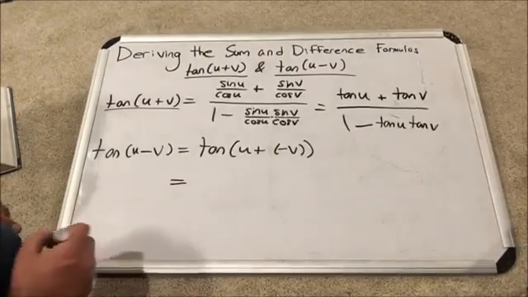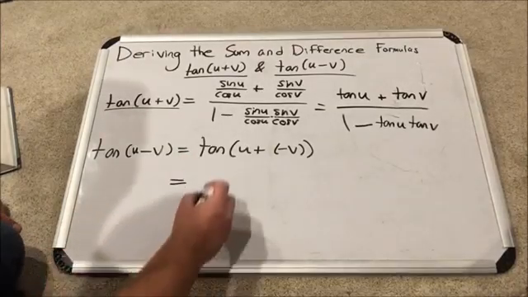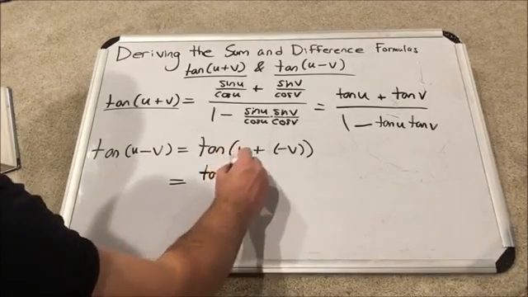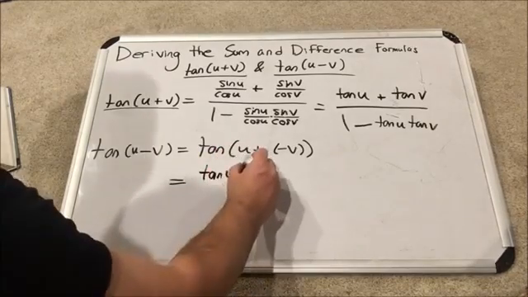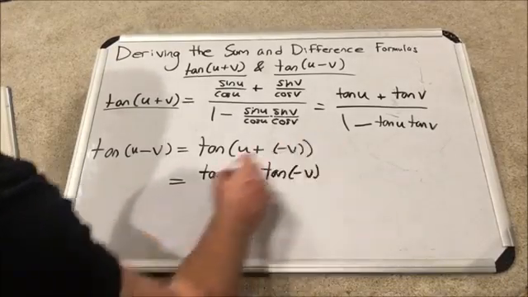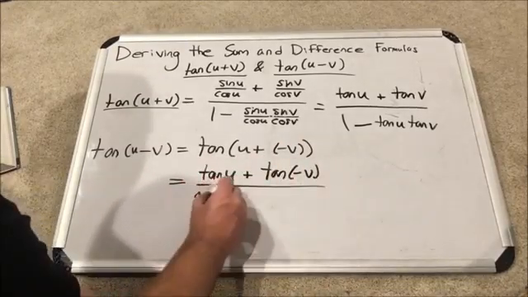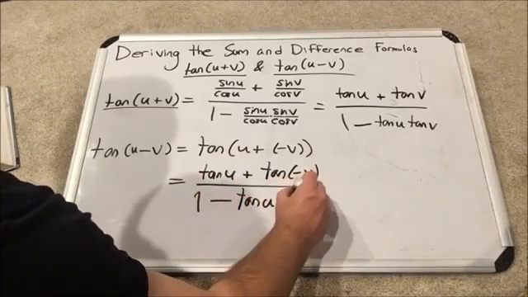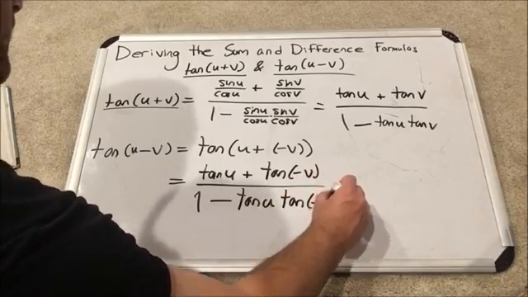So tangent u plus negative v is equal to tangent u plus tangent negative v over 1 minus tangent u tangent negative v.